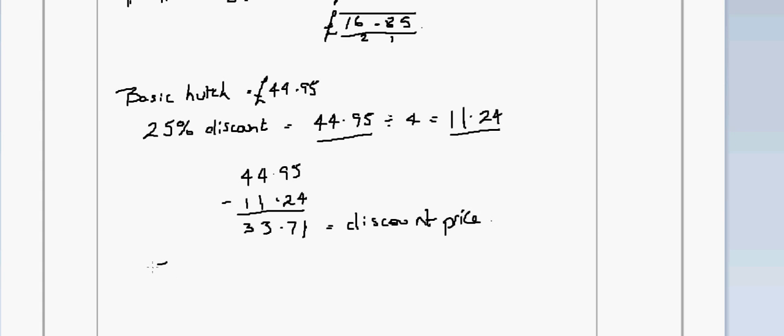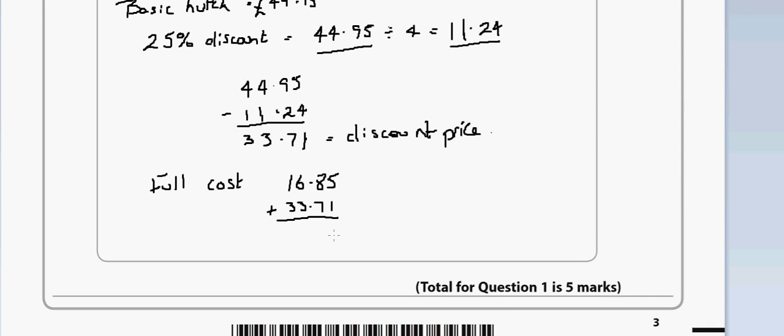So the full cost would be £16.85. Remember, that's the essentials, plus £33.71 for the cost of the discount hutch. So this would give us 6, 8 and 7 is 15, so don't forget to carry the 1. 6 and 3 is 9, plus 1 is 10, and then 3, 4 and 1 is 5.